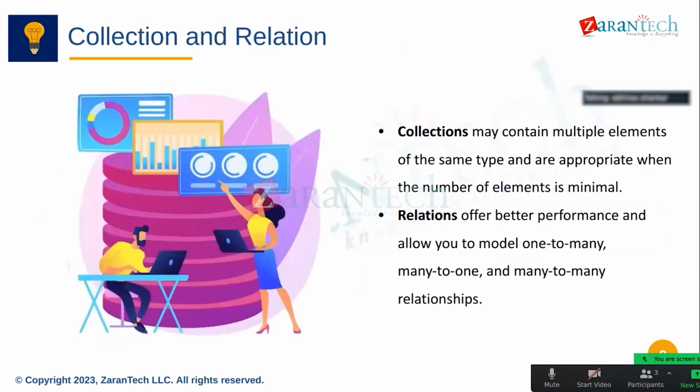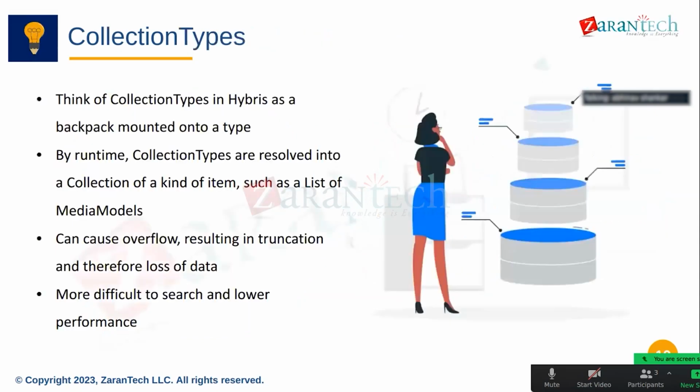So these are the collections and relations, which I already explained. After this PPT, I will take you into the item.xml. A collection type is like a backend mounted onto the type system, and it is resolved for a list of media models or a list of images or a list of genders, like this.